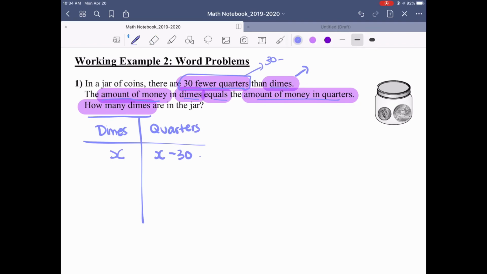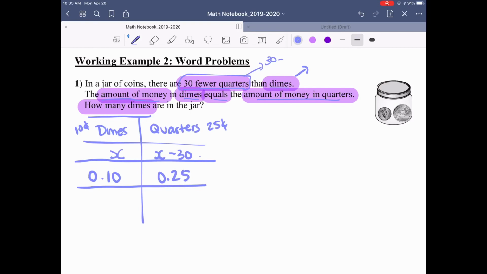So we know that a dime is 10 cents and a quarter is 25 cents. And so the dime in dollars is 0.10 and the quarter in dollars is 0.25. And so what we're going to do is set up an equation.